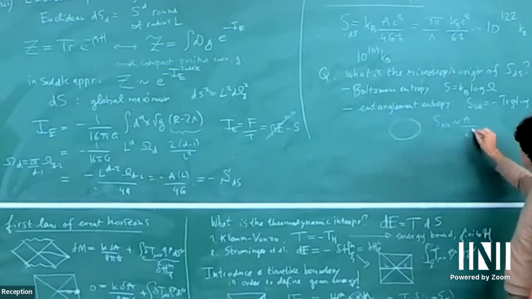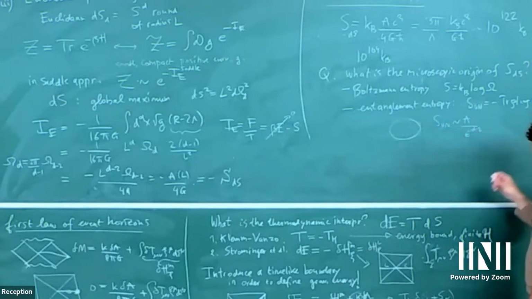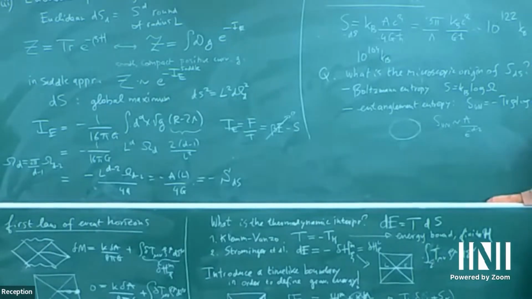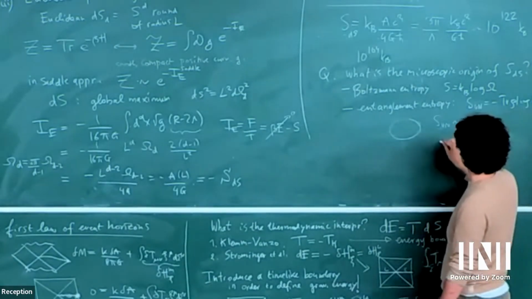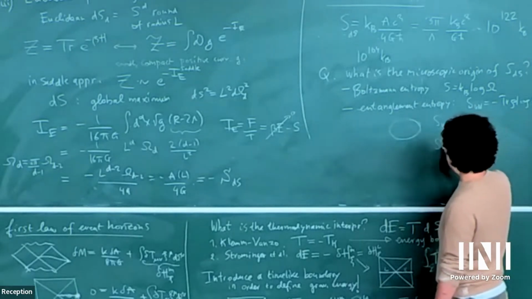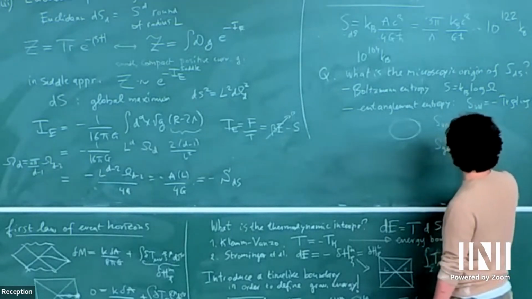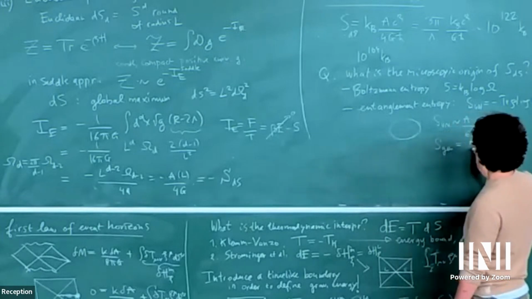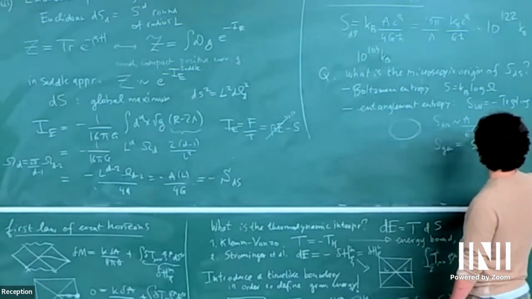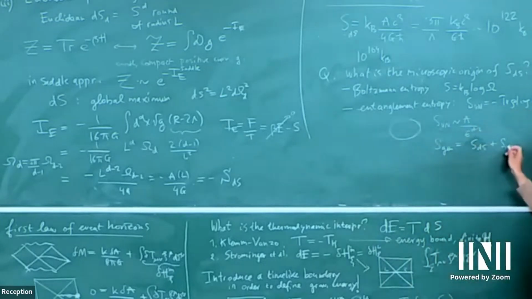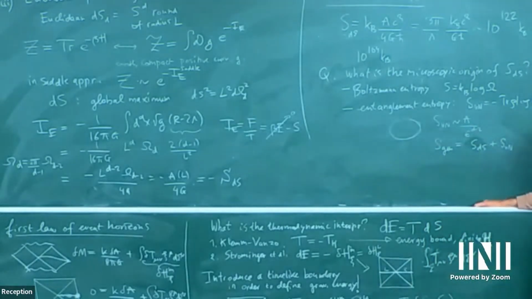But it's also divergent. If you look at the generalized entropy, which adds up the de Sitter entropy and the entanglement entropy, then this is expected to be independent of epsilon, the UV cutoff.